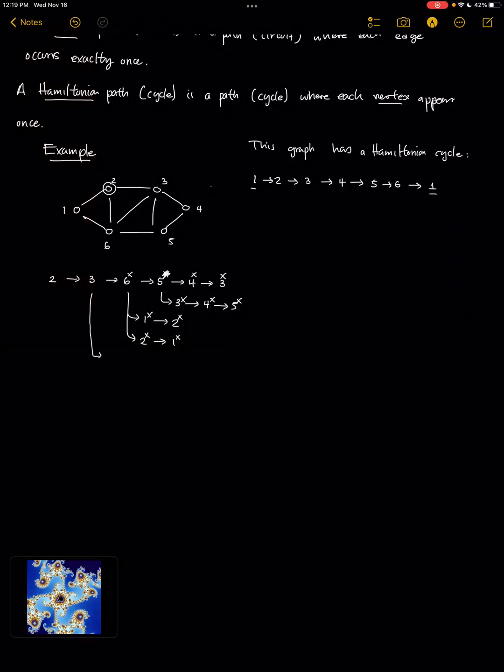From 3, I can go to 4, but then to 5, but then I get stuck here. What else can I do? From this one, I can go now to 5 and then to 4, but then I get stuck once again. That means that we shouldn't go in this direction.